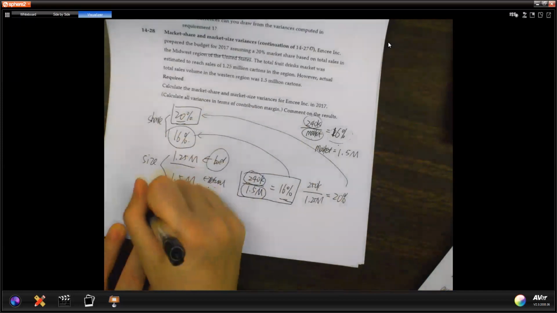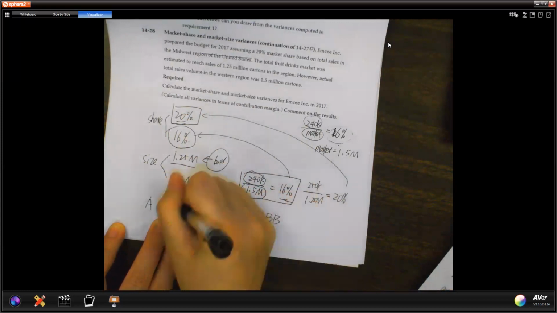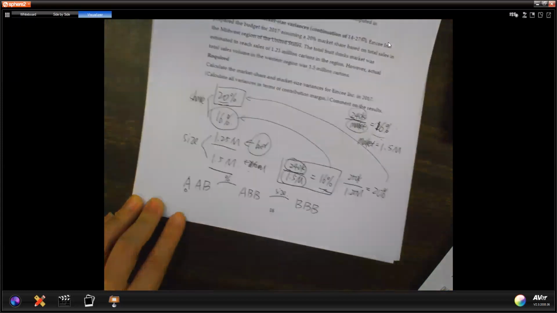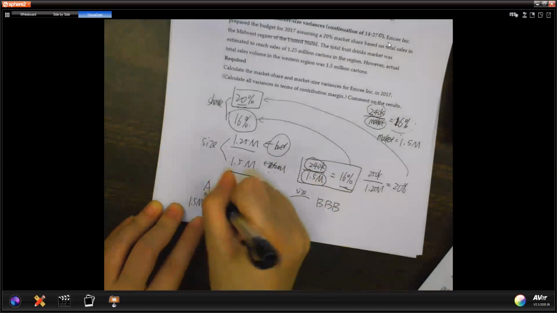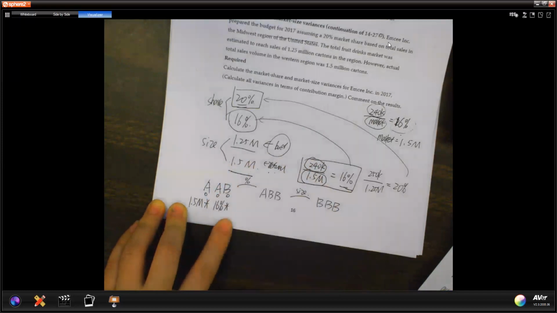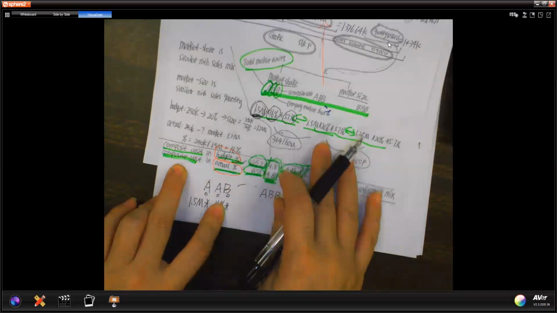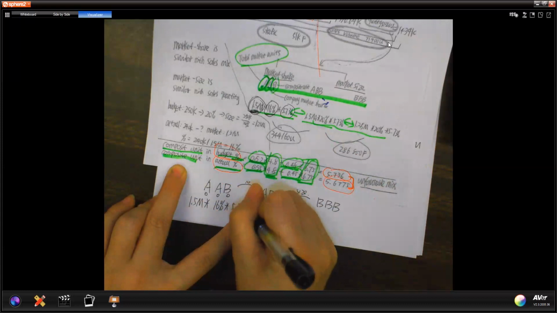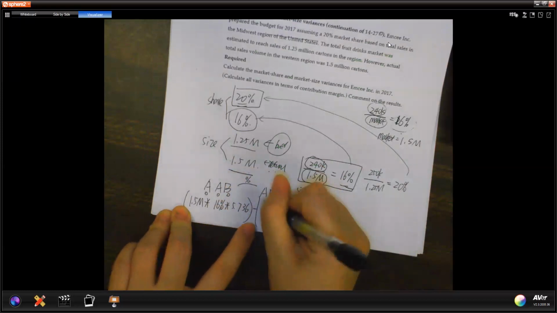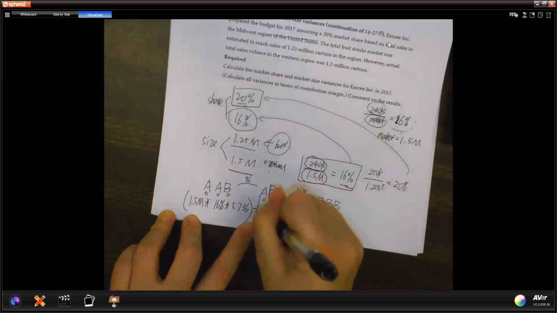So we said it's A, B, A, B, B, and then B, B, B. This is the market share, and this is the market size. We use the actual market size of 1.5 million times your actual market share of 16%, times your budgeted contribution margin using the budgeted percentage composite unit, which gives you 5.736. Then you subtract the actual 1.5 million times your budgeted percentage, 20%, times 5.736.